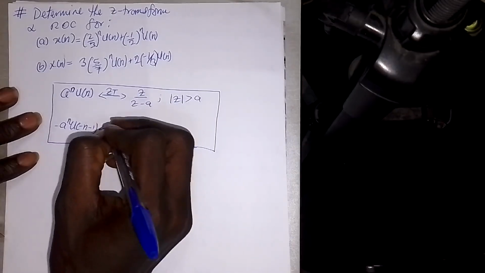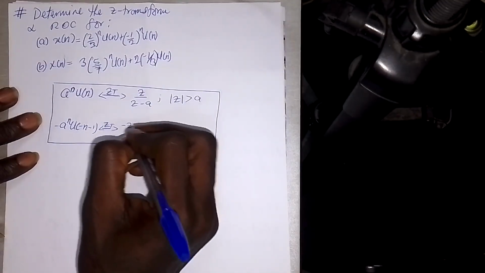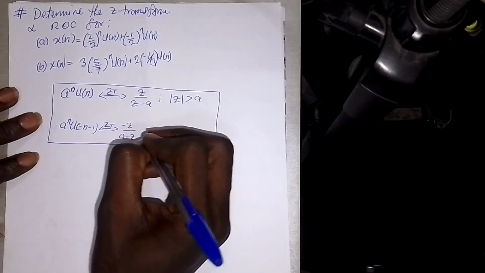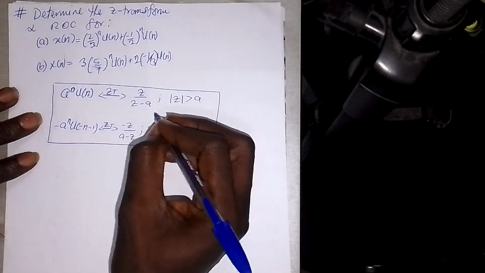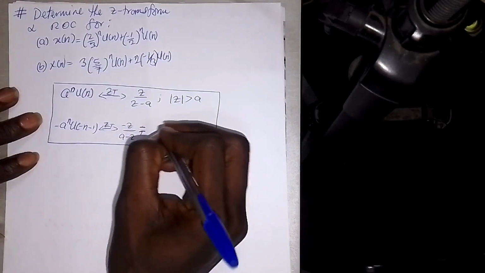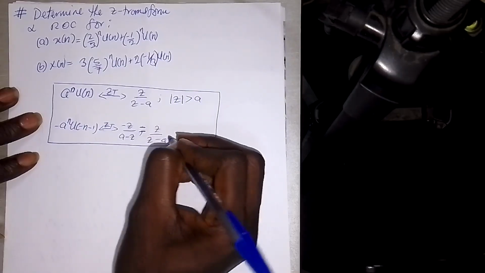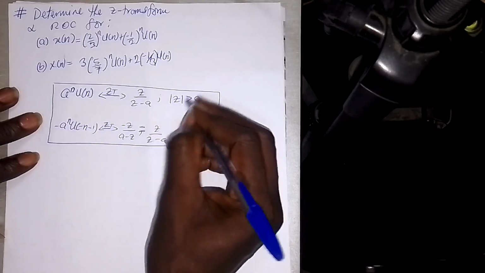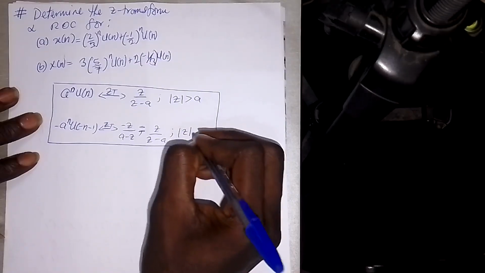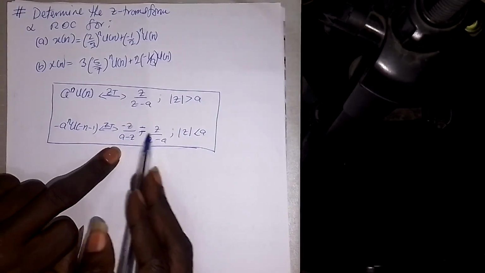Where we got the Z transform to be minus z over a minus z. This is the same thing as z over z minus a, and for this one the ROC was mod z less than a. Why is this the same as the other one?